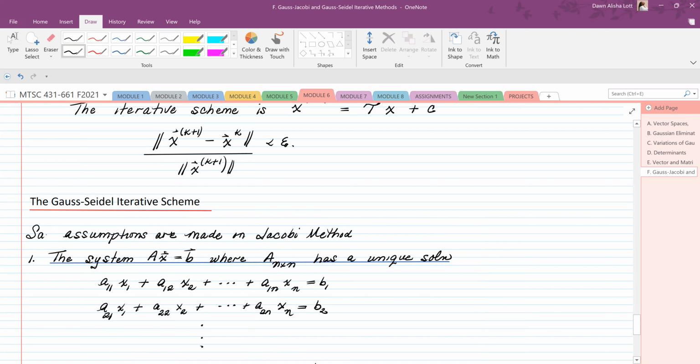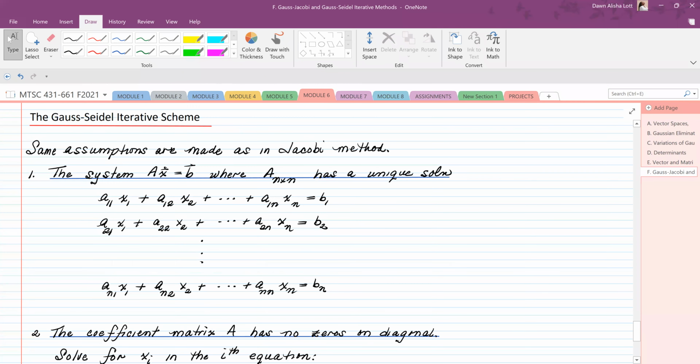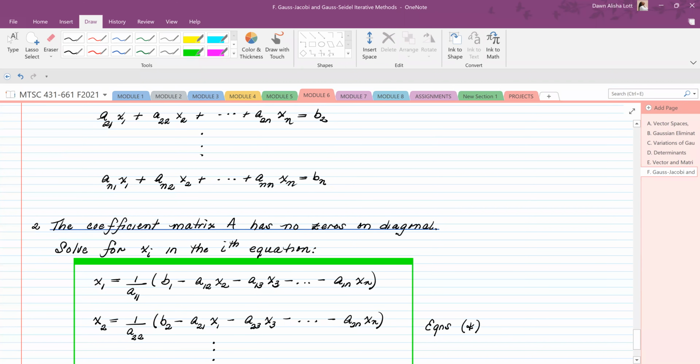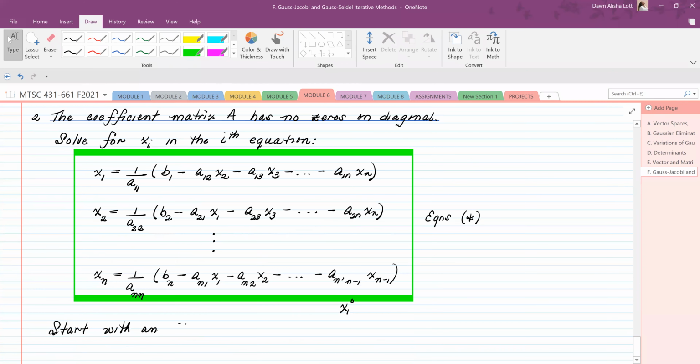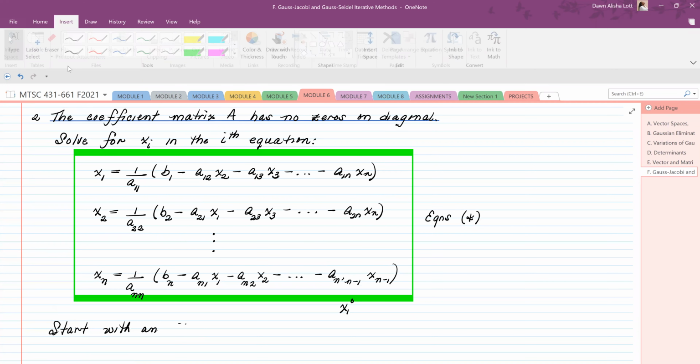The same assumptions are made as in the Jacobi method. So the system has a unique solution and the coefficient matrix has no zeros. Okay, so now I'm going to write this and call this equation double star. And I'm going to modify it.